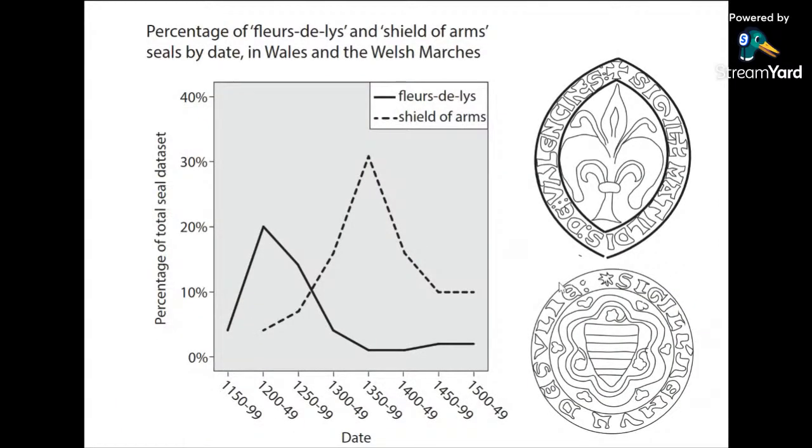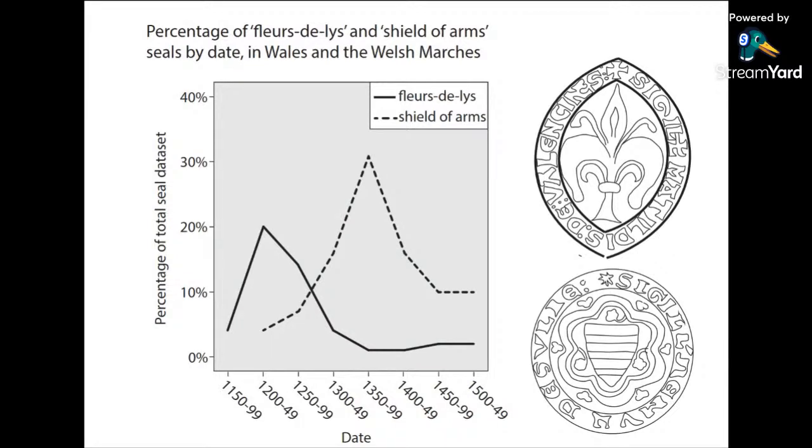In addition to looking at variations over space, you might look at variations over time. Here's an example of a graph I produced for a project a number of years ago where I was exploring seals in Wales, and I was interested in the kinds of seals that were common.